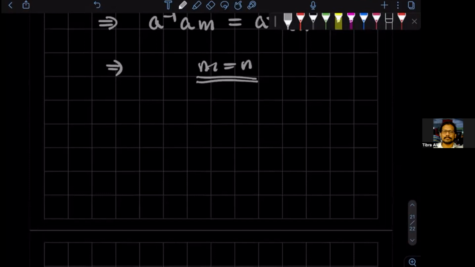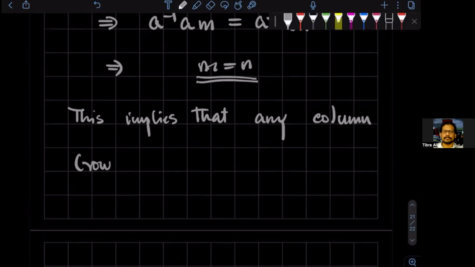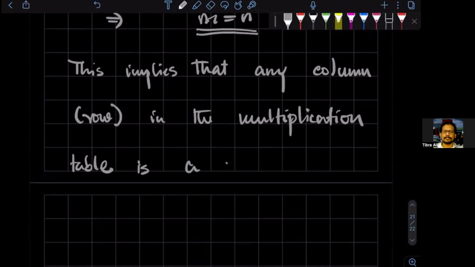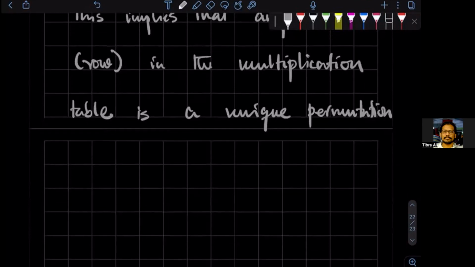The arrangement, so what does this mean? This implies that any column or row in the multiplication table is a unique permutation of any column or row.